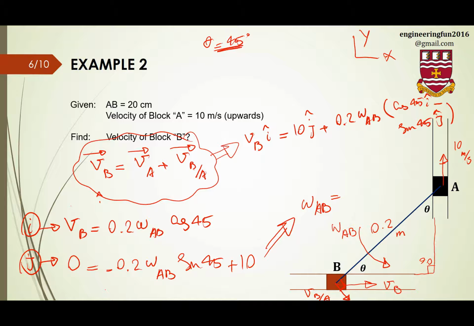Okay, so from the second equation, we can find omega AB, which is minus 70.71 radians per second. And if I substitute that number here, I can find VB.